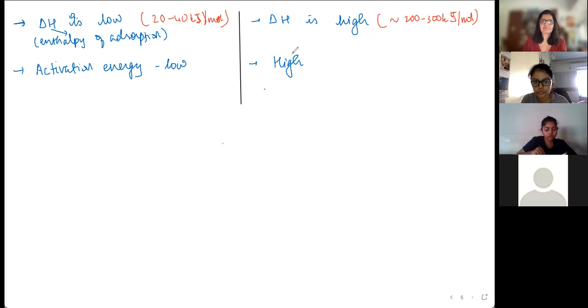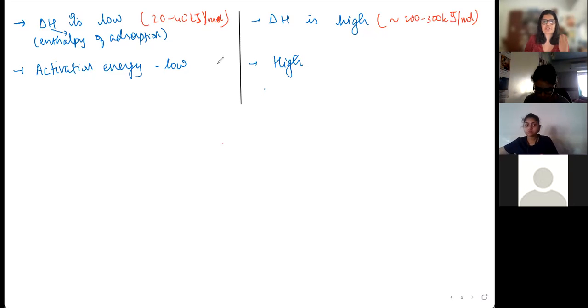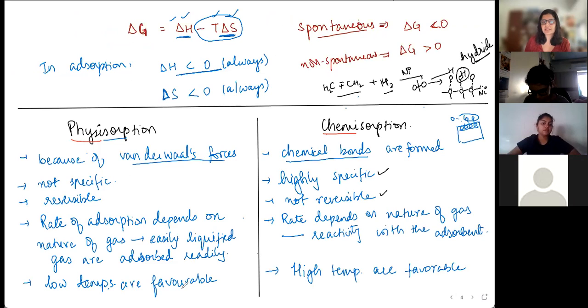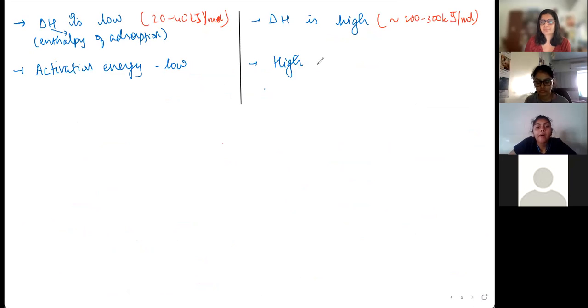Yes, but just focus purely on the adsorption part, and we are comparing physisorption with chemisorption. Physisorption occurs naturally because it's not very specific. You only need van der Waals forces to act, which is why you don't need a lot of energy for this to happen. It also ties in with this happening at lower temperature, while this happens at higher temperature, because bond breaking and bond formation are involved. So in this case, high activation energy.